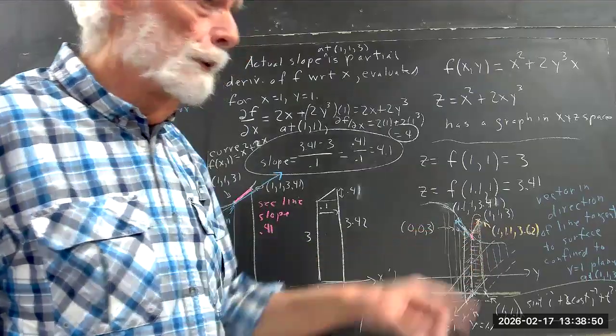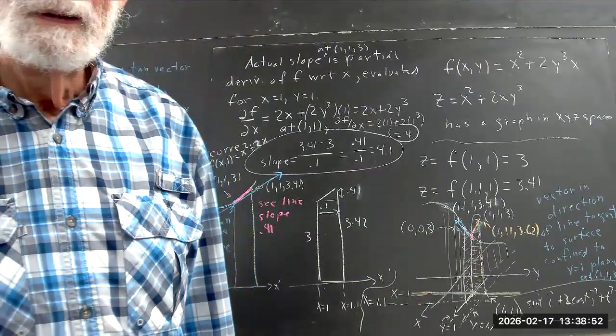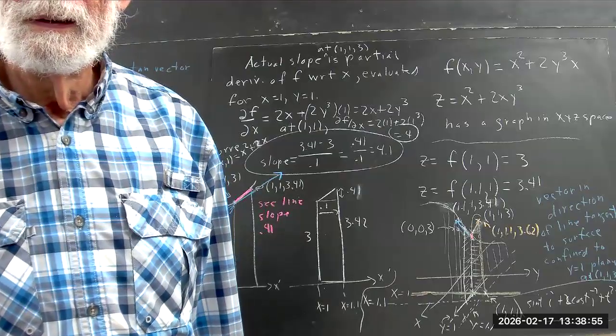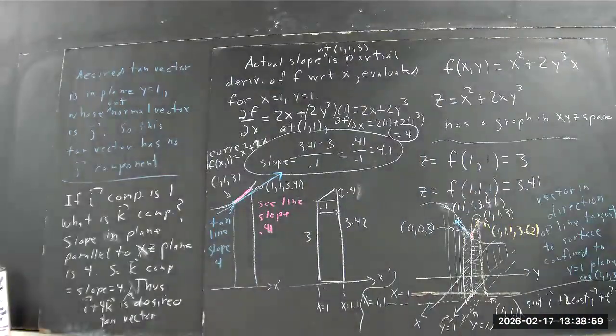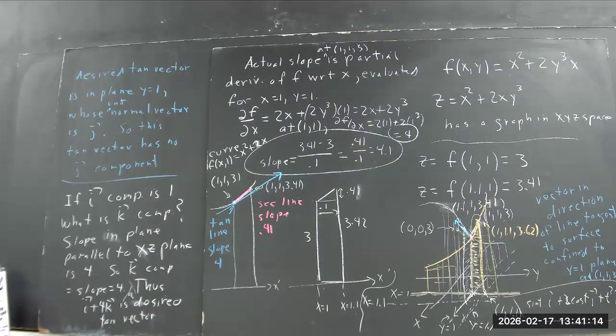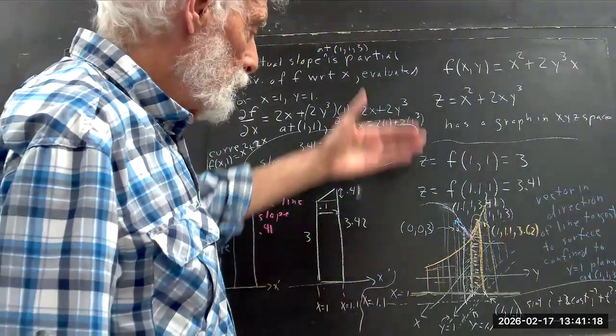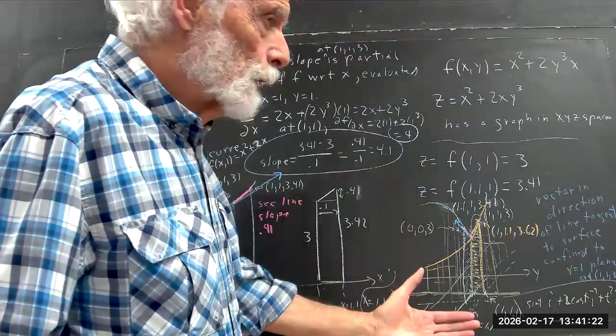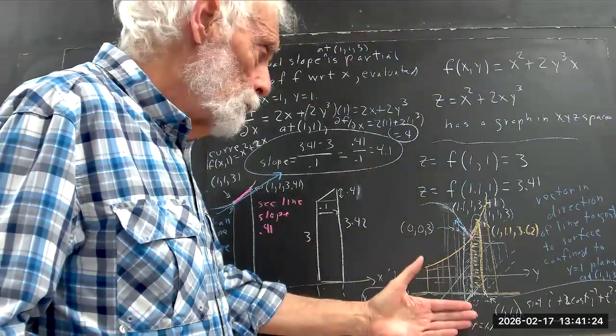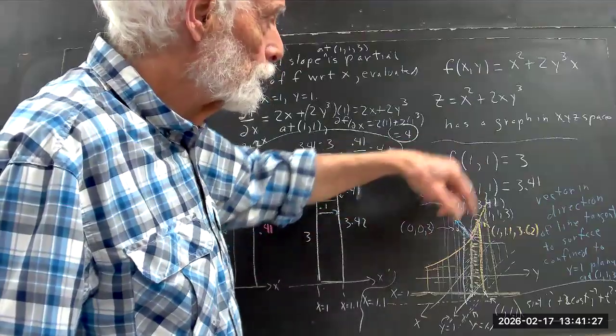What's the slope of this line? Okay, so again, what I've done is sketch the intersection of this x equals 1 plane with the surface.